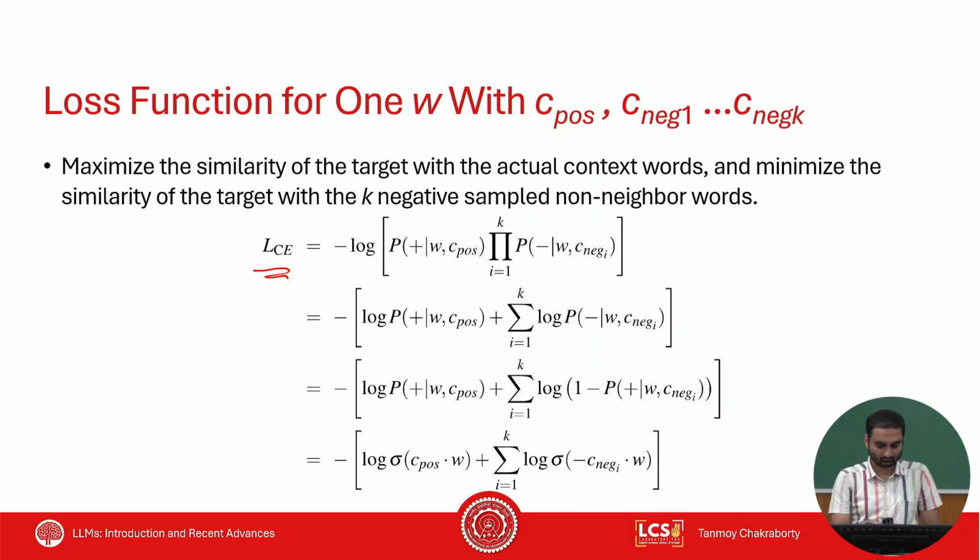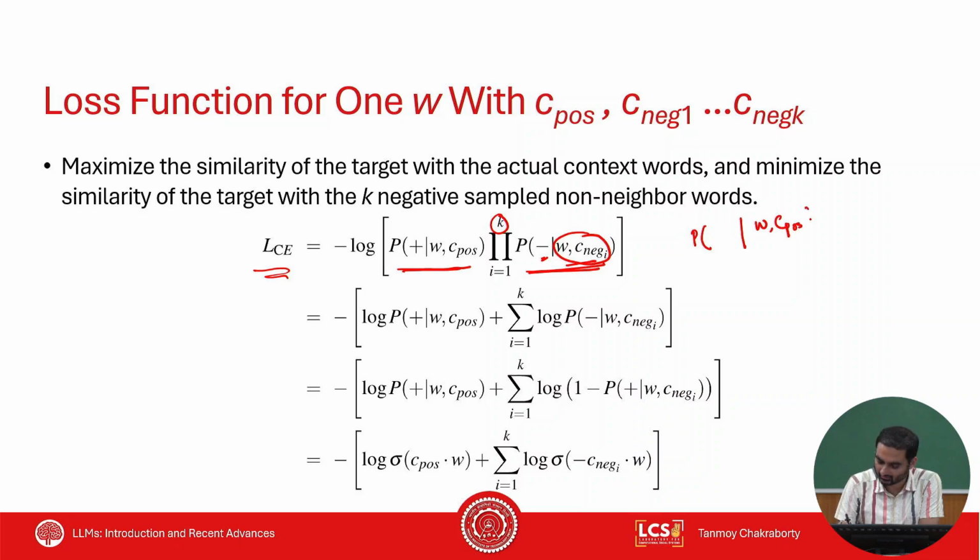So the probability of the positive instance, and there are k negative instances I have sampled. Negative of the probability of the positive instance and the negative instance, and we will see what is the probability that this pair is a negative pair. So P of W, C pos.